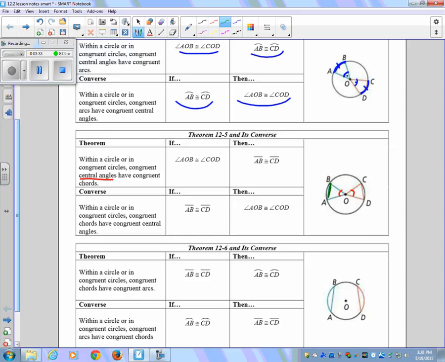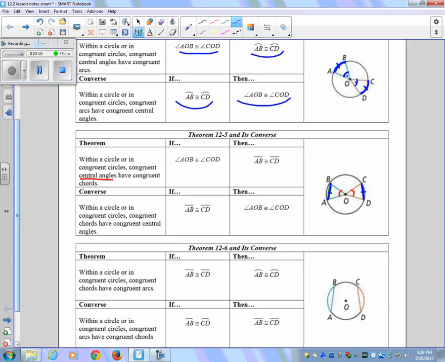This chord is congruent to this chord. The chord is that segment that connects two endpoints on the circle. So it's the same two endpoints that also have arc AB. There's also a chord AB. So we're not talking about arc CD, we're talking about chord CD.